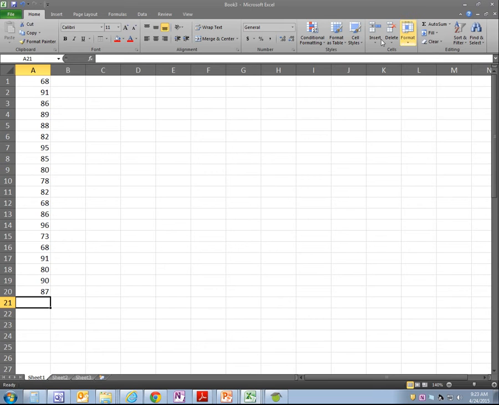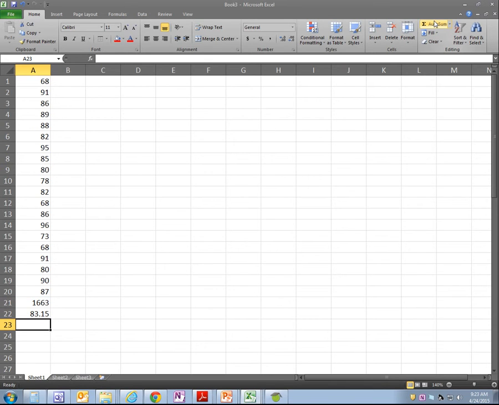Okay, so I'm going to find out what the sum of these is. Okay, so we got 1,663, and we had 20 data values. So we have that divided by 20.